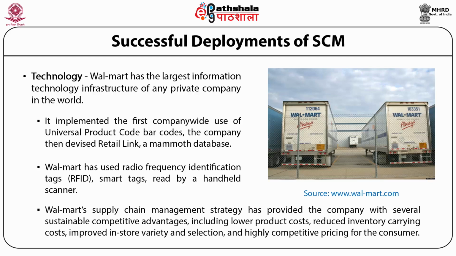Walmart's supply chain management strategy has provided the company with several sustainable competitive advantages, including lower product cost, reduced inventory carrying cost, improved in-store variety and selection, and highly competitive pricing for the consumer. This strategy has helped Walmart become a dominant force in the competitive global market.